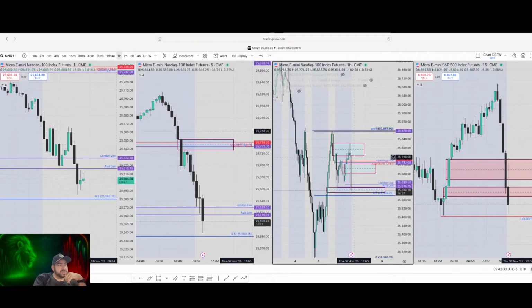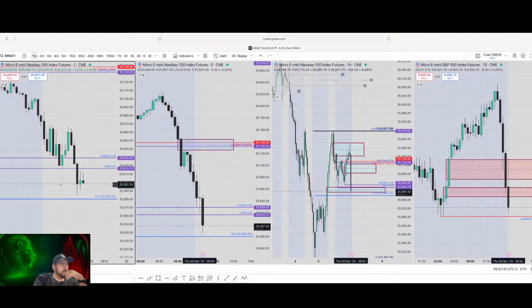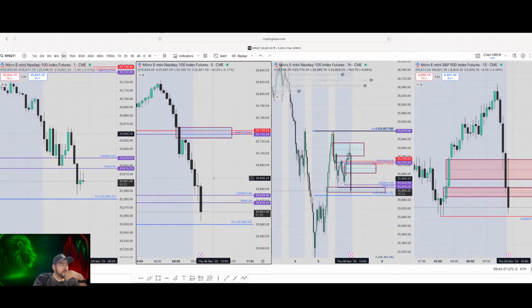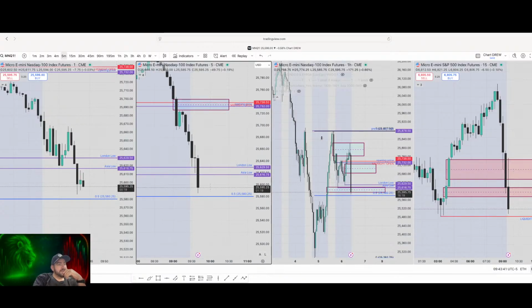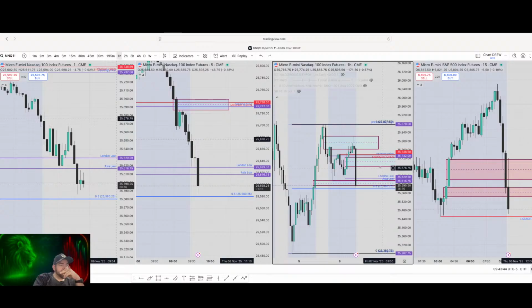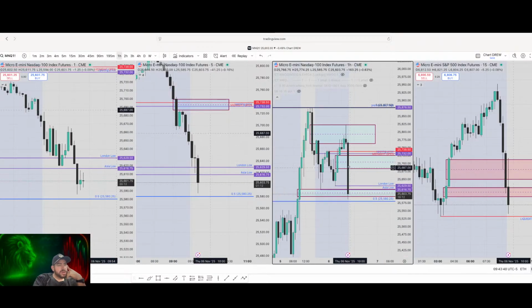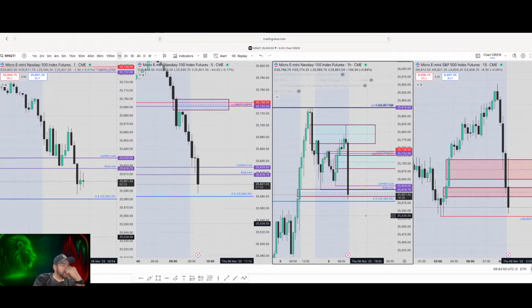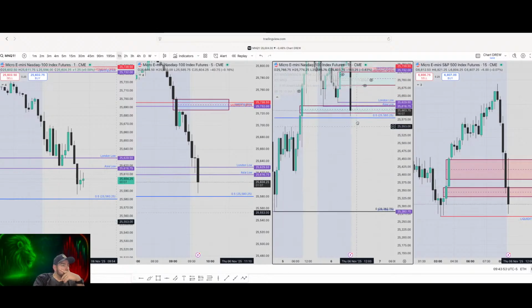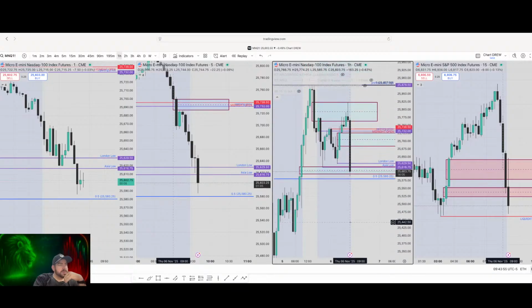We're showing bearishness right here. I'd like to see it come back into this 1 hour, see it keep dropping. That'd be good. Take out these lows. That's where it looks like we're going.